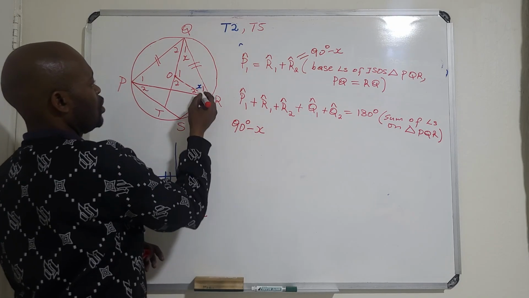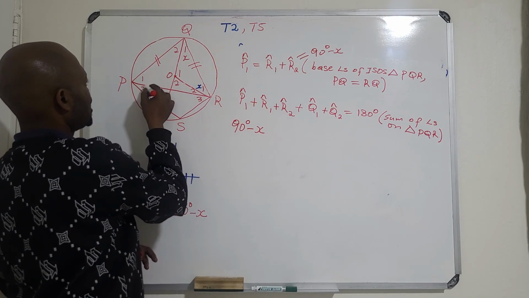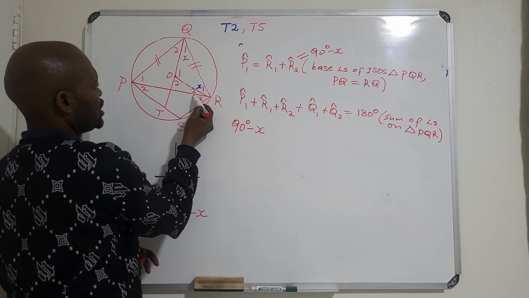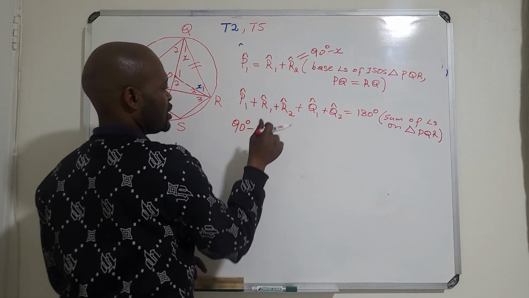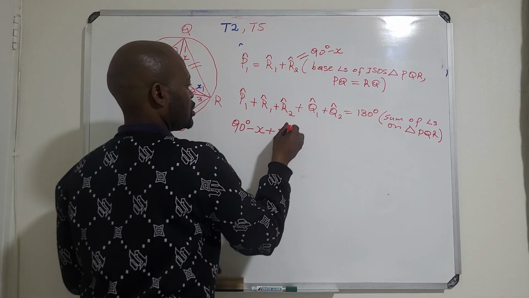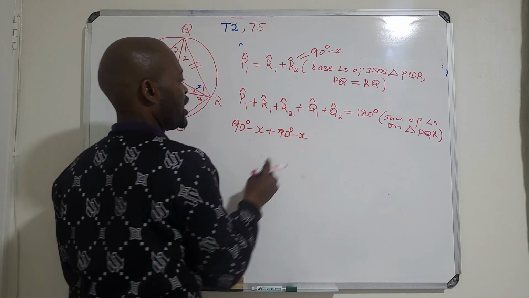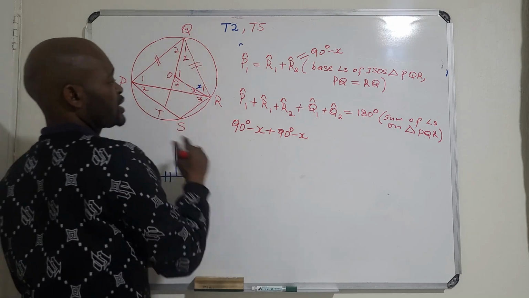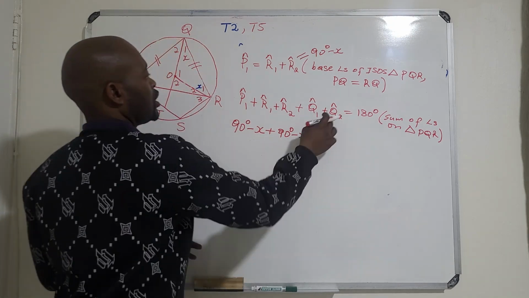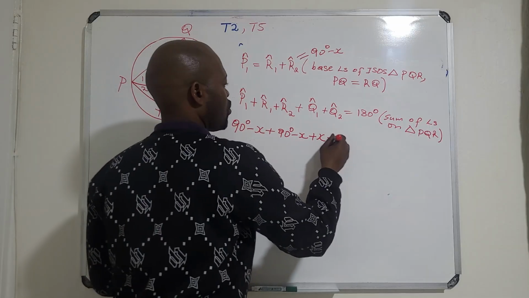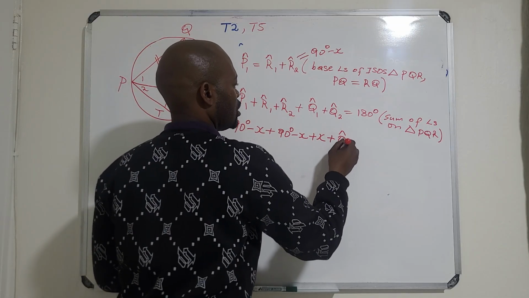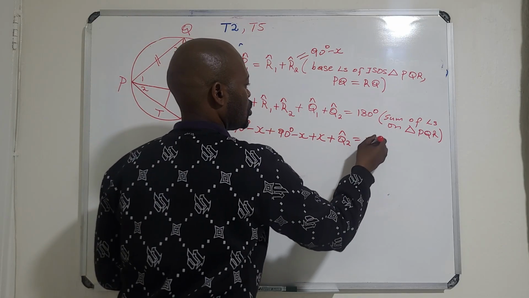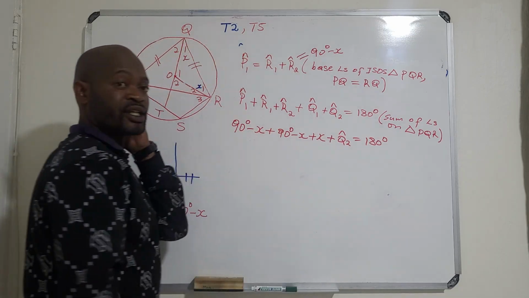This is also 90 minus x because this is equal to that. So this plus 90 minus x plus Q1, which is x, plus angle Q2, which is what we are looking for, equals 280 degrees.